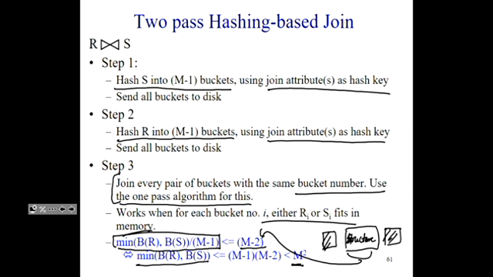The buckets are a lot smaller than the entire relation, which allows us to use less memory than we would need if instead we were using a one-pass algorithm.